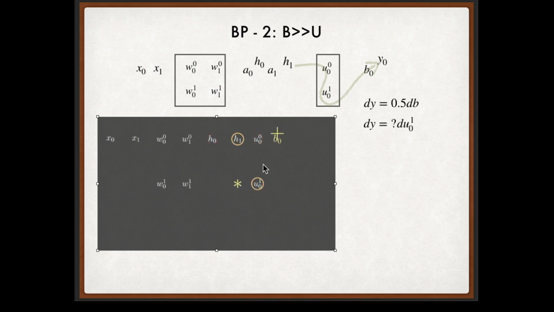This pair of parameters contributes to the final output of the neural network through b, and they contribute to the value of b by being multiplied to this pair of parameters.